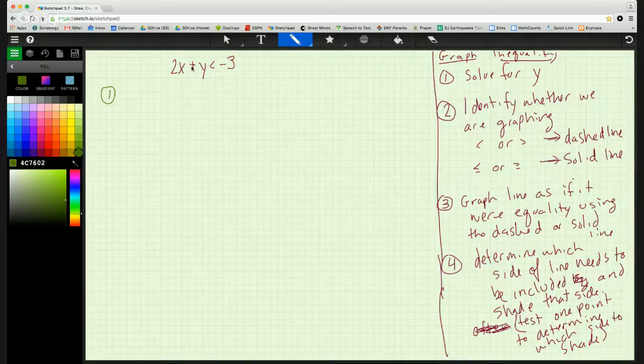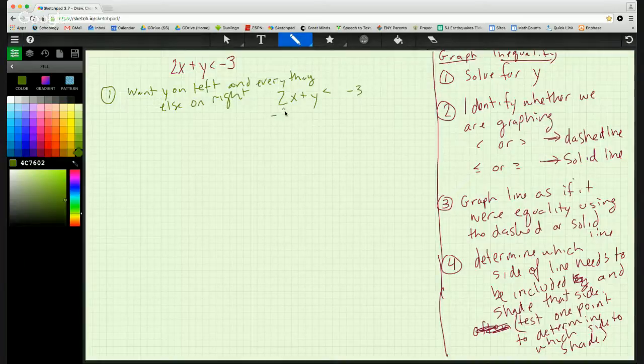So we want the y on the left and everything else on the right. So we have our 2x plus y is less than -3.